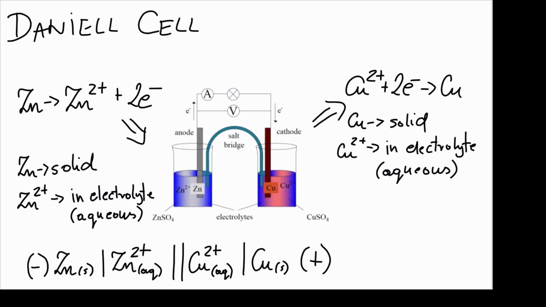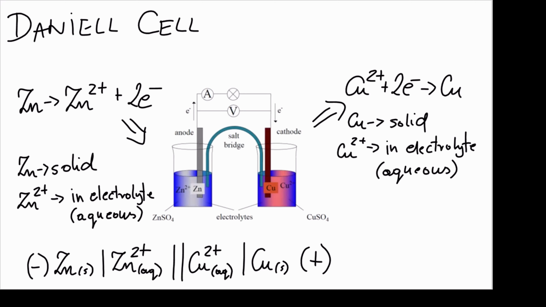A metallic type half cell is built of a metallic bar, which is immersed in an electrolyte solution containing cations of this metal. For example, in the Daniell cell, the anode is built of a zinc metallic bar immersed in an aqueous electrolyte solution containing zinc cations.